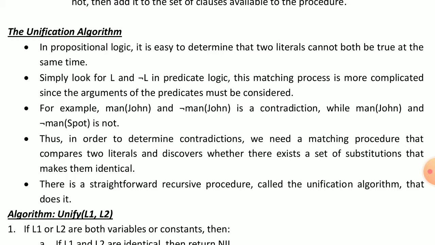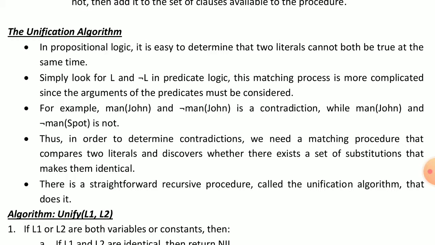In propositional logic, it is easy to determine that two literals cannot both be true at the same time. We all know that if two literals are given, there is no possibility that both are true at the same time. At one time one literal is true, and at another time the next literal will be true.